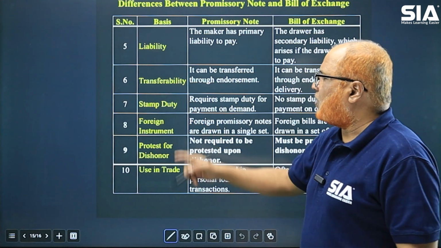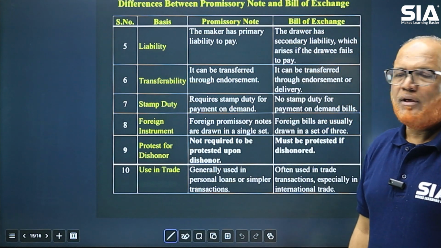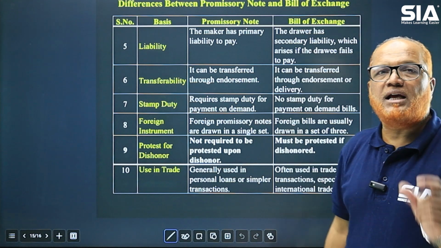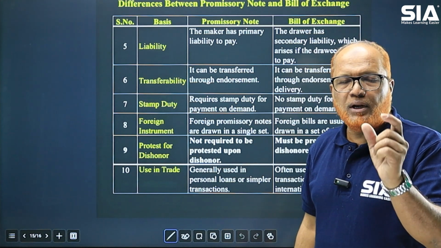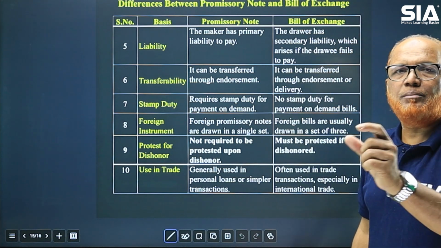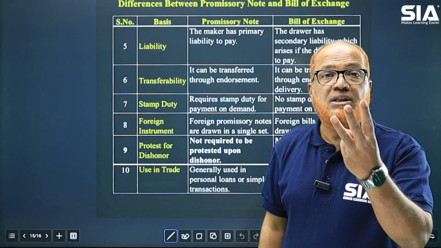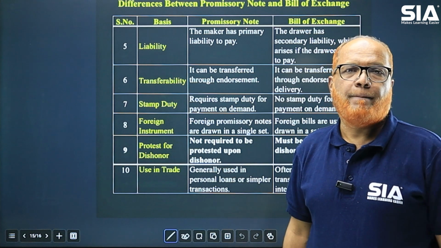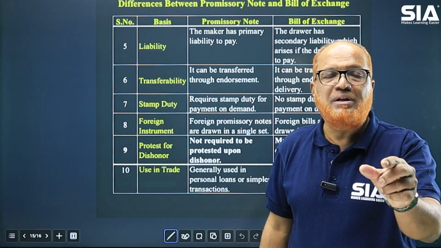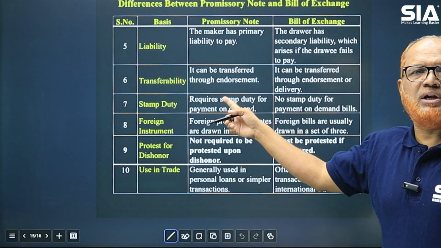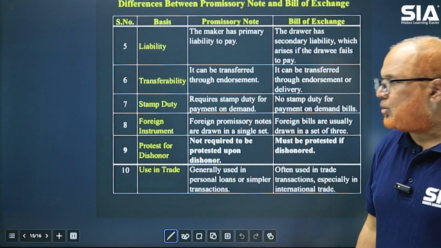Next one is foreign instrument. In case of promissory note, foreign promissory notes are drawn in a single set; in only one set can a foreign promissory note be made. But in case of foreign bills of exchange, 3 sets are required.